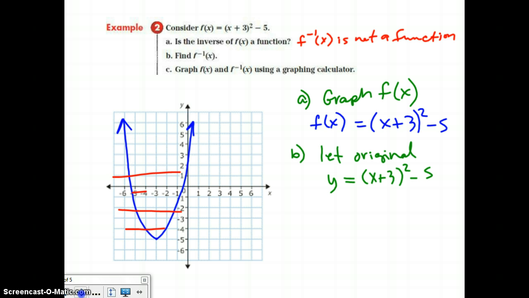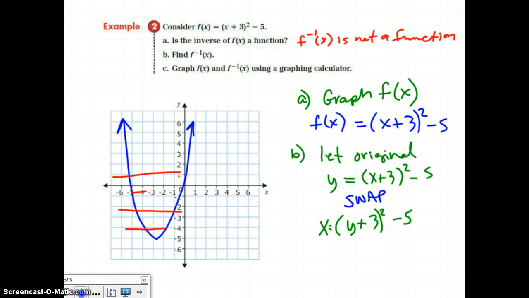And then I'm going to swap the x and y. So where the y is, I'm going to put an x, and where the x is, I'm going to put a y. And then I want to solve for y.